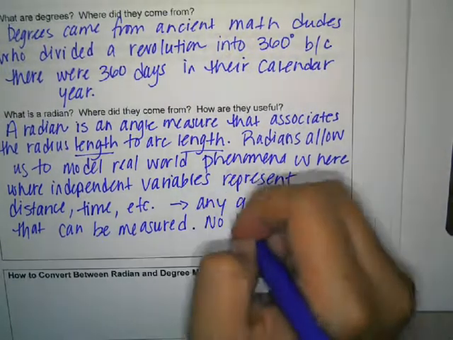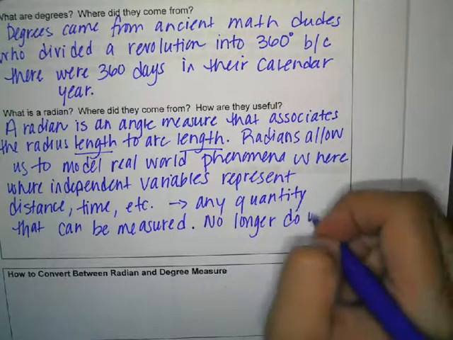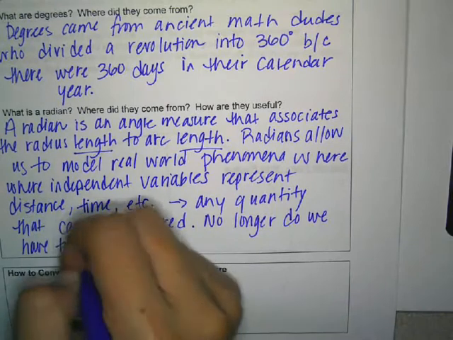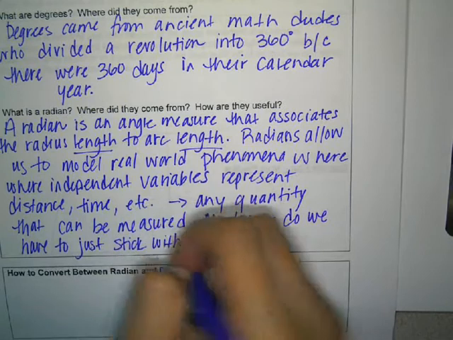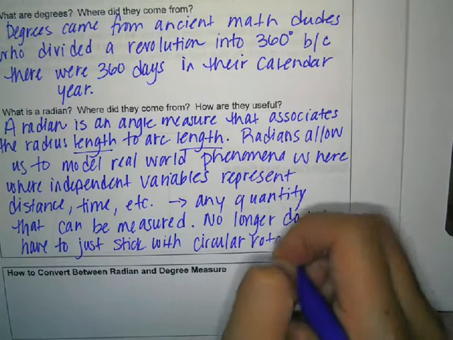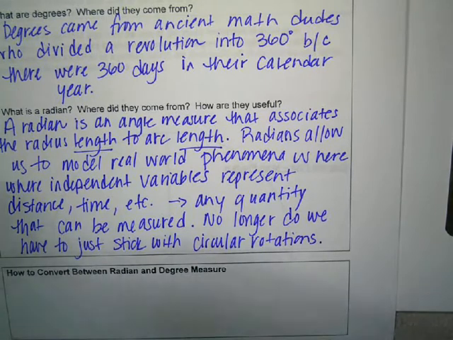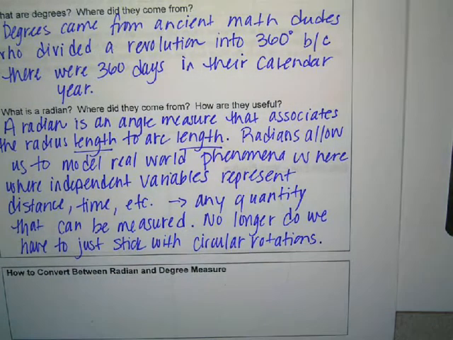No longer do we have to just stick with circular rotations. So it expands from circles or triangles, which is more the degrees, to actually real-world phenomena that repeat.